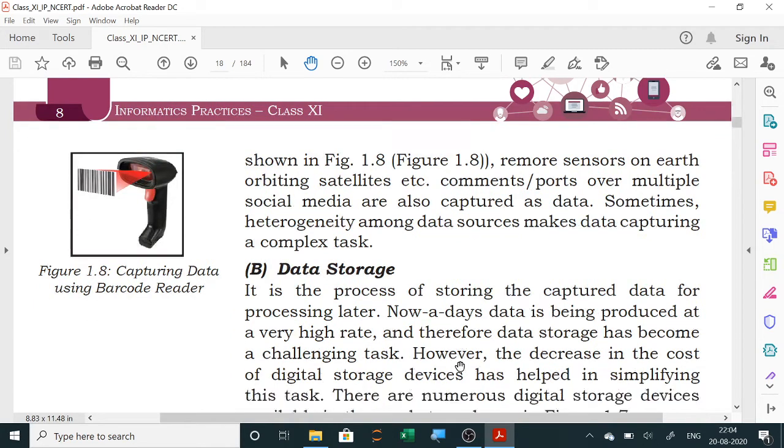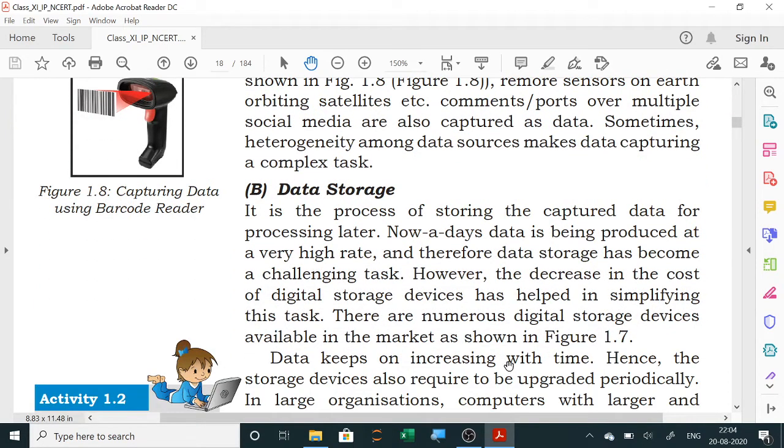Now next is data storage. We are storing in the memory. It is the process of storing the captured data for processing later. Nowadays, data is being produced at a very high rate and therefore data storage has become a challenging task.